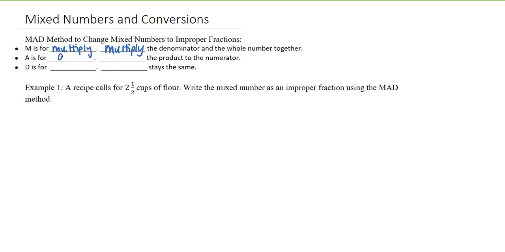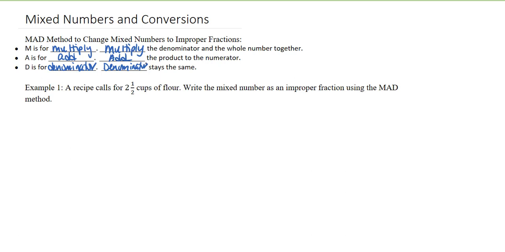Then A is for add, and we're going to add the product to the numerator. And then D is for denominator. So the denominator stays the same. So we have multiply, add, denominator.